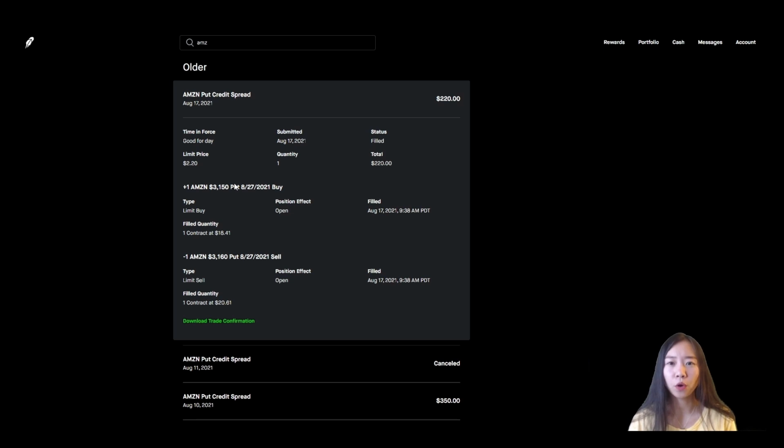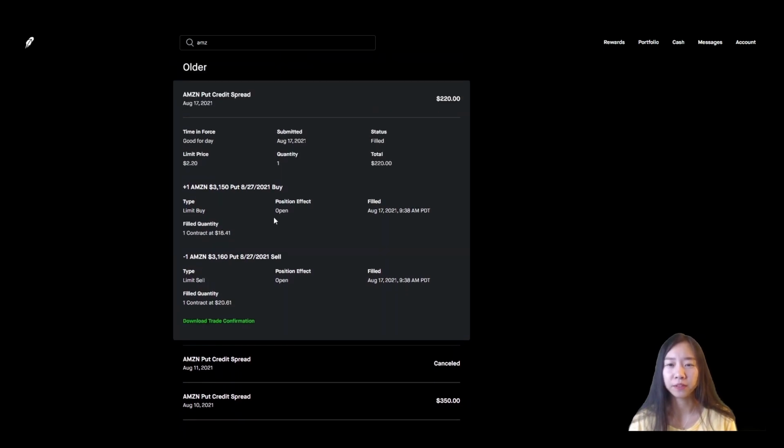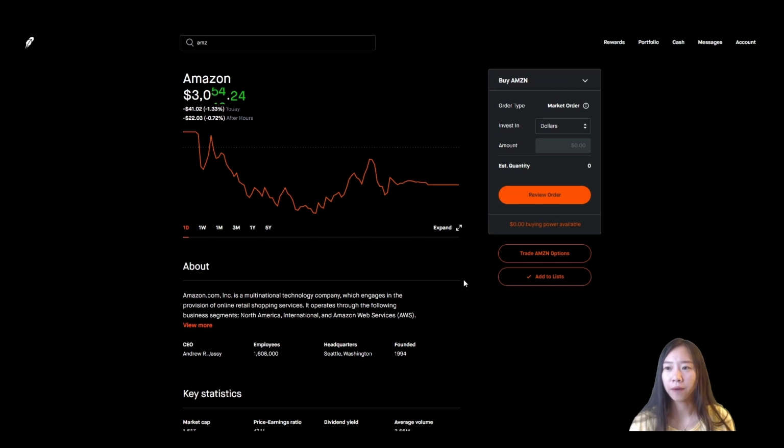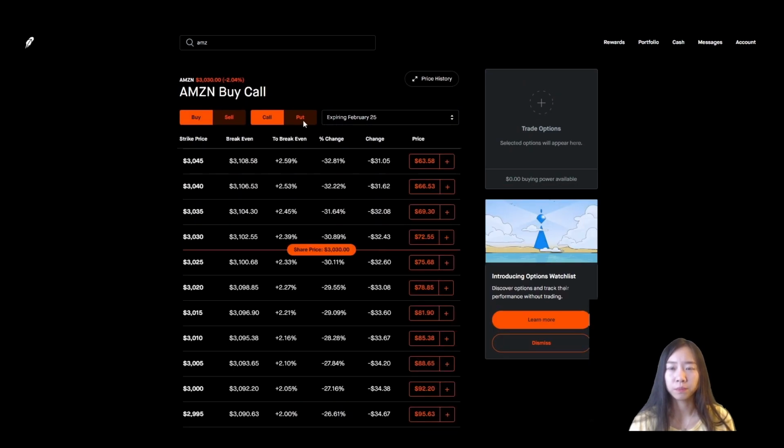Essentially, you open two put option positions on the same stock with different strike prices, and both expire on the same day. Here, you click trade Amazon options, and instead of calls, you click put. This is the current share price.